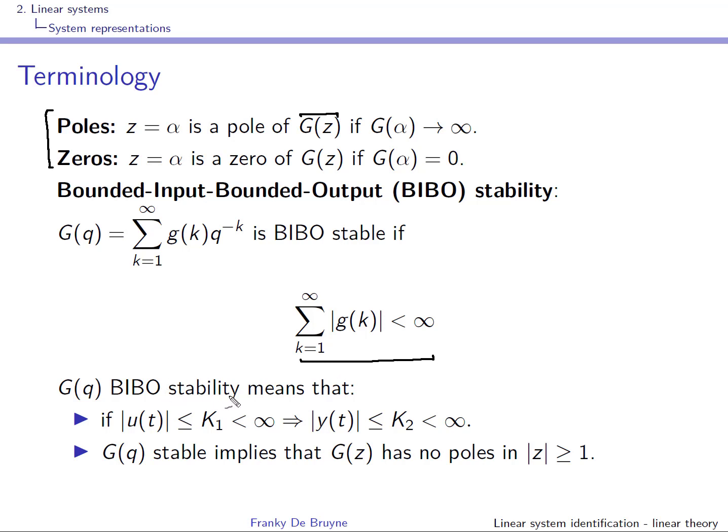Okay, remember that BIBO stability means, well, that if the input is bounded, it lives in between -k1 and k1, then the output is also bounded. And if you have a look at the transfer function g(z), you remember that a system that is stable has no poles outside the unit circle.